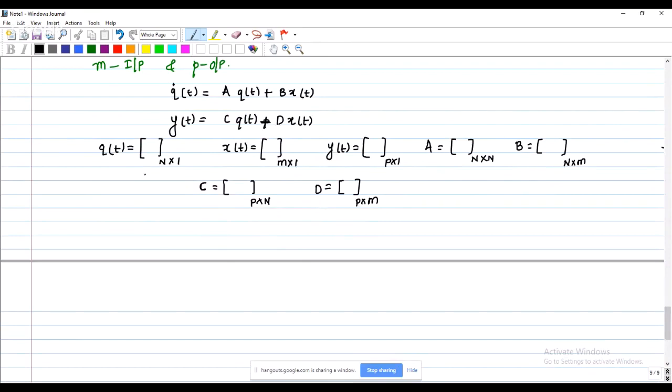So now let us consider that we have a differential equation again whose representation is to be shown.